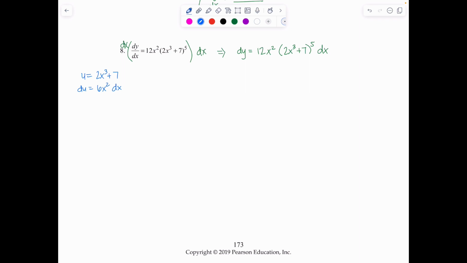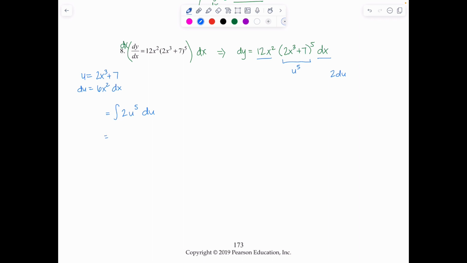And we can see that we've got here u to the 5th. Here we have 2 du. So when we rewrite, we will be writing it as the integral of 2u to the 5th du.